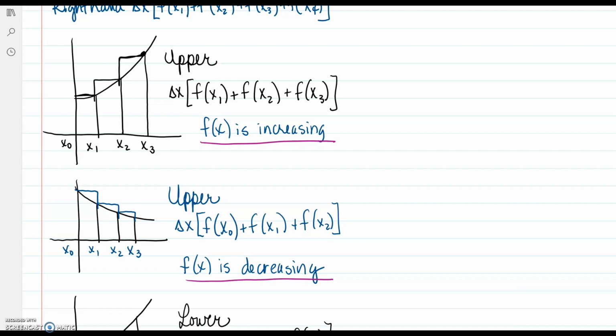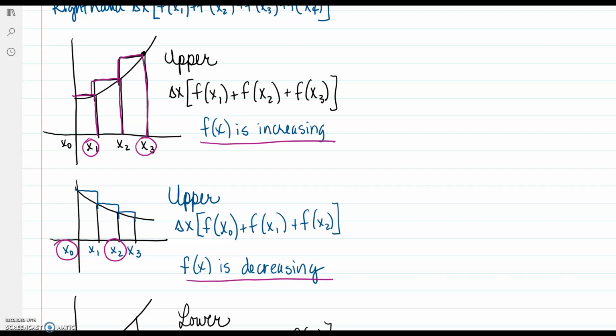But whether I use x1 through x3 or x0 and x2 depends on, again, whether the function is increasing or decreasing. So here, if I have an increasing function, then the right hand f is always going to be higher than the left.